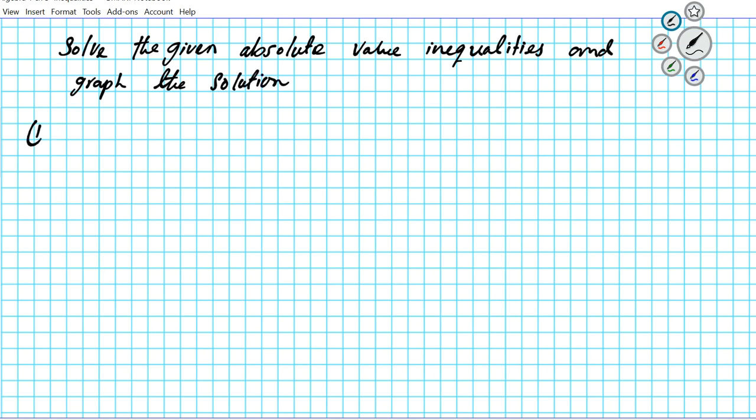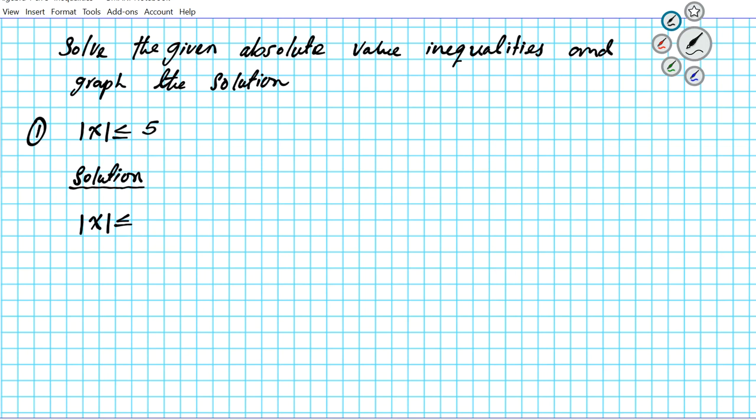So let's say we have the absolute value inequality given by the absolute value of x is less than or equal to 5. Now, one thing you want to remember is that if you're solving an absolute value inequality that involves less than, your solution is going to be a sandwiched solution or a bounded solution, okay?